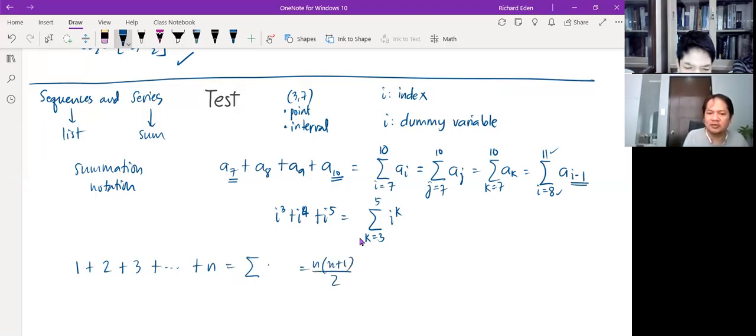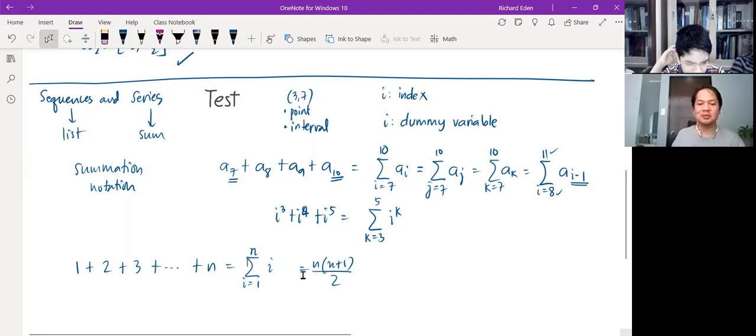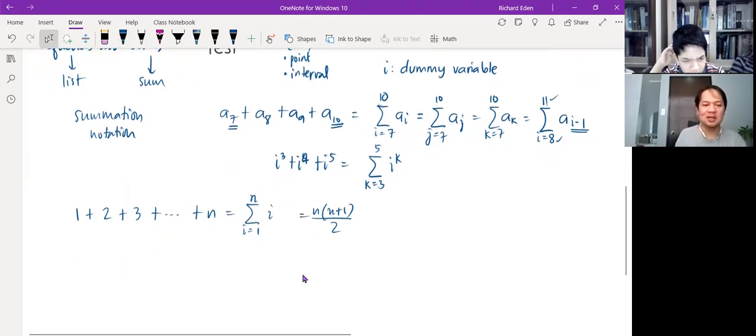So this is the sum of i as i runs from 1 all the way to n, right? Do you know, have you seen any justification for this formula? Saan to nanggaling? Gaussian sum po. All right, Gaussian sum. All right, so since you're already familiar with that, no need to, maybe later on when you talk about arithmetic series in general.